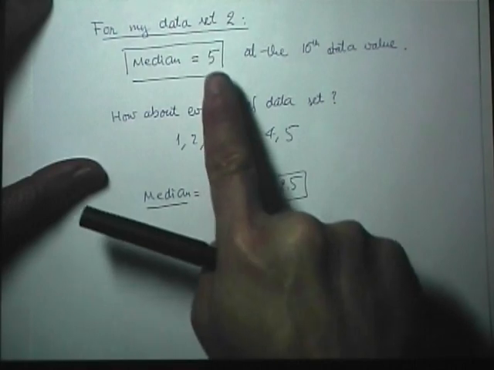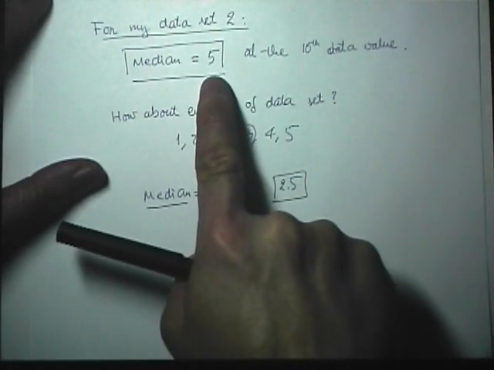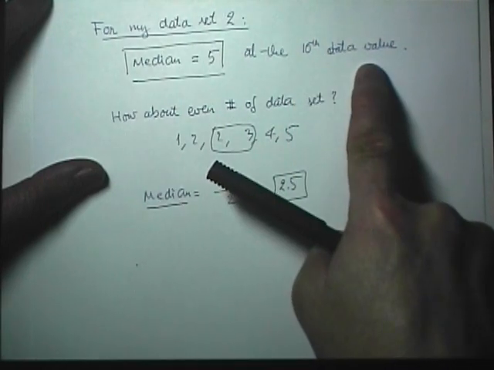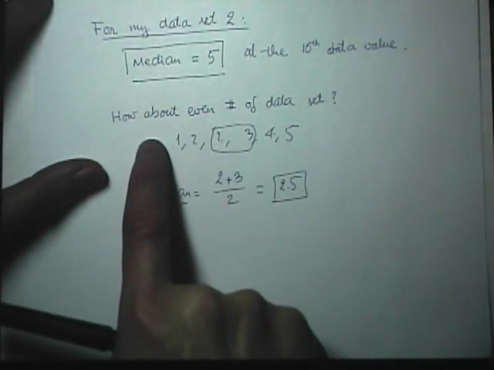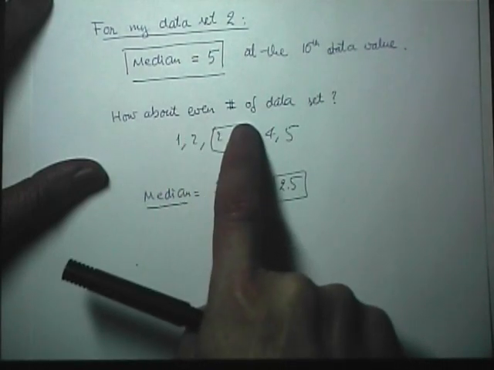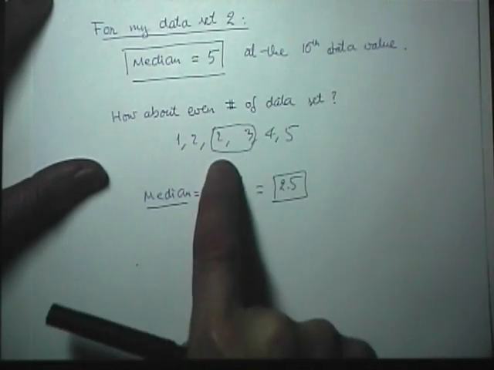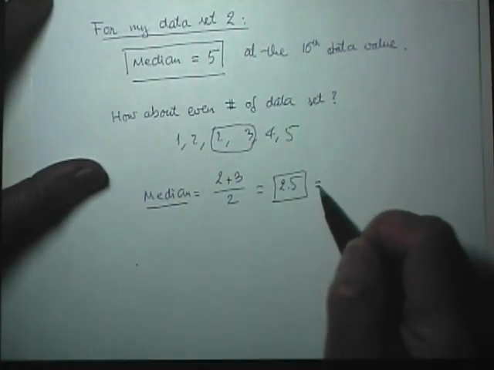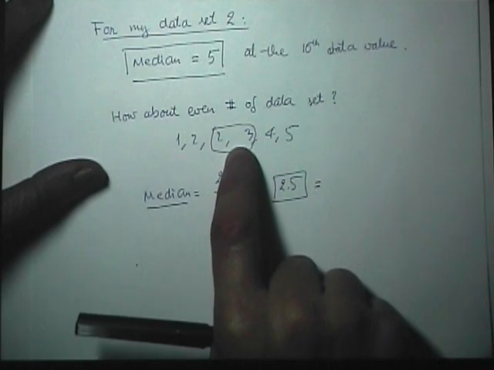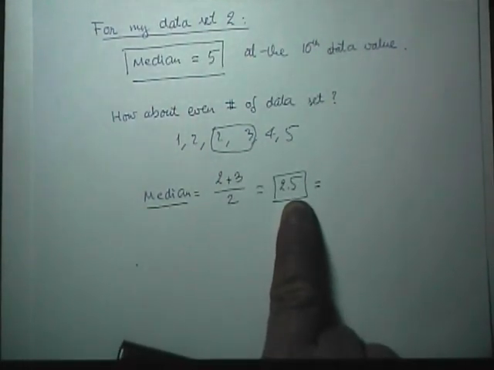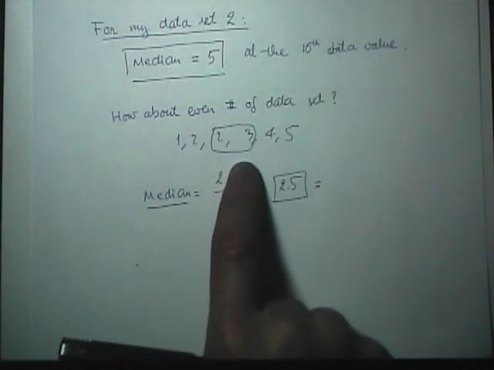If I'm looking at my data set number 2 right here, the median is 5, but the position for that is the 10th data value, right? But when the number of data values is even, like that, the median is not even in the data set itself. The median is 2.5, which we call the median, but it's not in the data set, right?